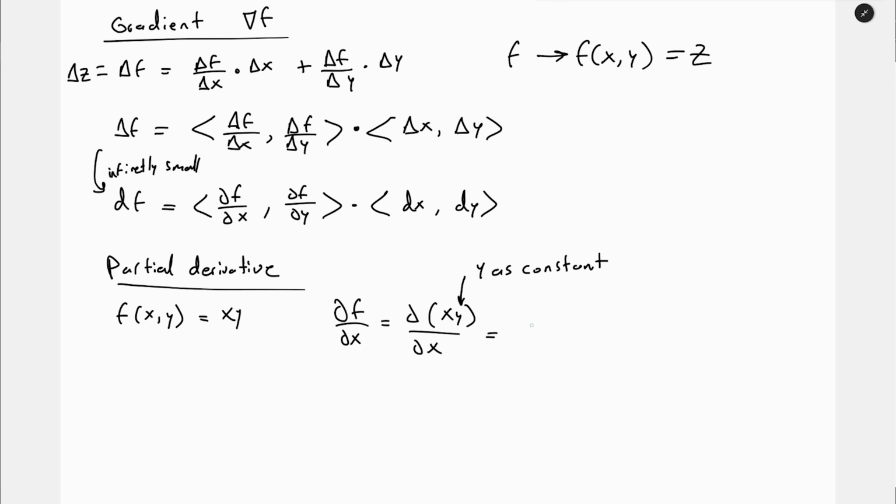Then x becomes 1 and y stays as is, and we have this. And the partial derivative of y is simply that we treat x as a constant and we take the derivative of y. So then we are left with this.